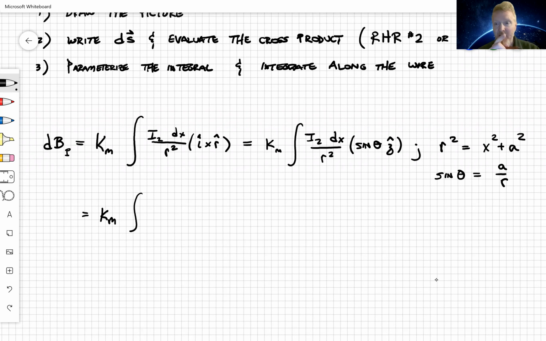So I'm going to have an a on the top with the I2 and the dx. So I'm going to have I2 a dx and a z hat. That whole shebang looks to me like it's divided by this thing to the 3/2.